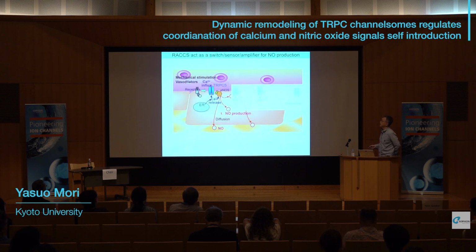So TRPC5 is the major player to permeate calcium, to cause calcium influx, and together with calcium release, it regulates the activation of eNOS.